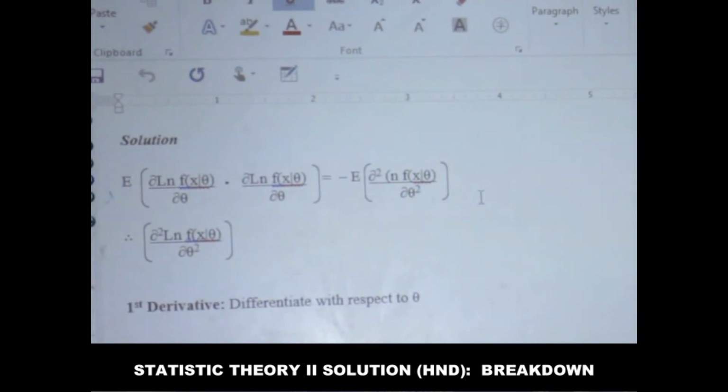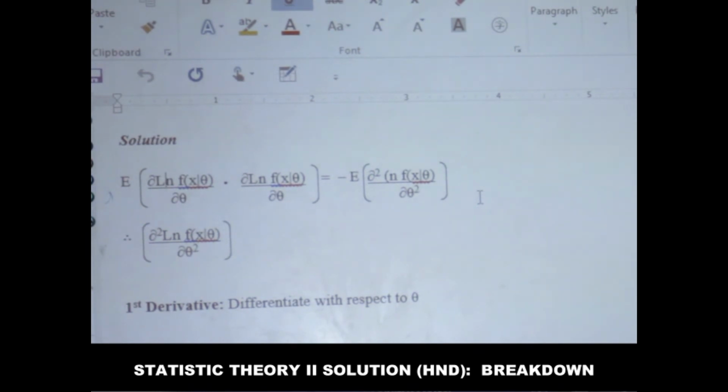So by that you have differential of ln f(x, theta) over differential of theta, dot differential of ln f(x, theta) over differential of theta. Now the denominator will give us a theta raised to power 2. You just pick one of them.